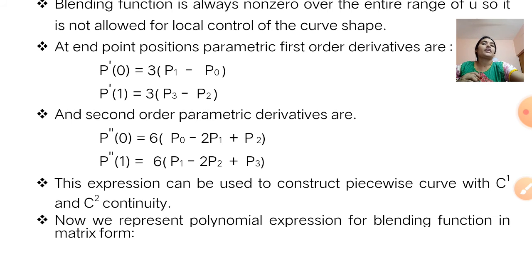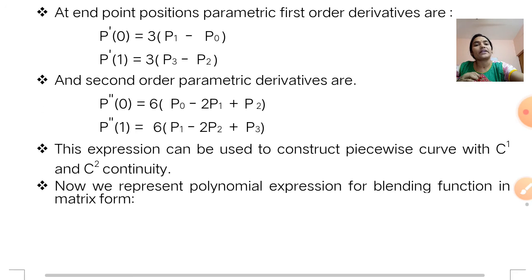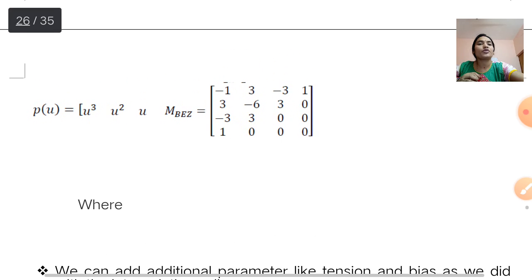Okay, now we represent the polynomial expression for the blending function in matrix form. The matrix form is here.